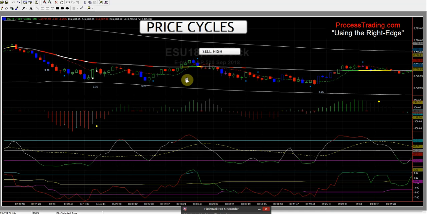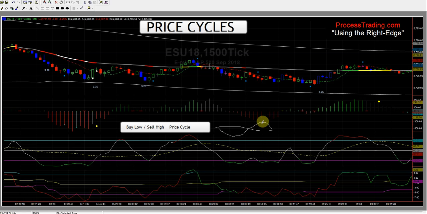So that's what we want to do. We want to buy low, sell high, buy low. Well, again, let me put that cycle on here. So if you come down here and you buy at the low and then you sell at the high, that's a cycle. That's a trading cycle.